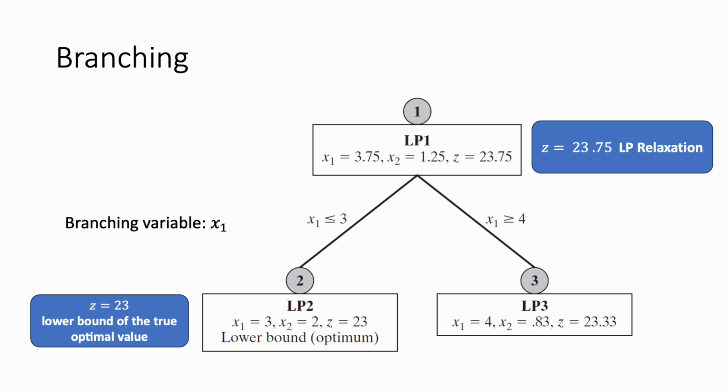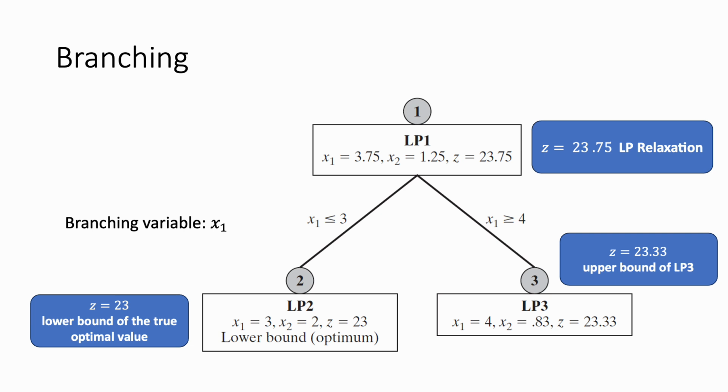Now, the objective function value for LP2 is 23, which is an integer that is smaller than the one we got from LP1. It is also smaller compared to LP3. So this verifies that LP2 gives us the lower bound for the true optimal solution.